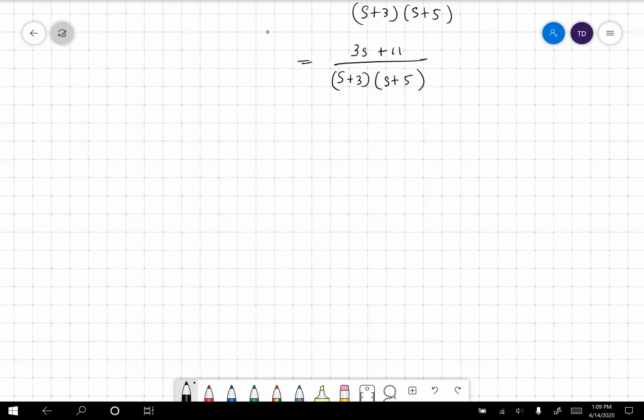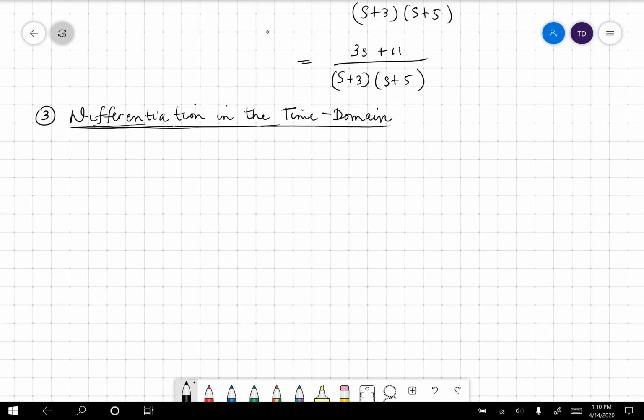That's a wonderful property. Now, let's look at differentiation in the time domain. What does that property say?